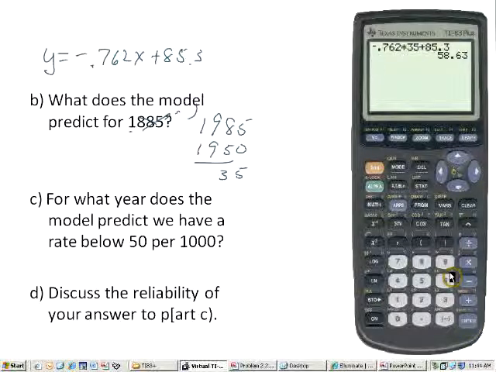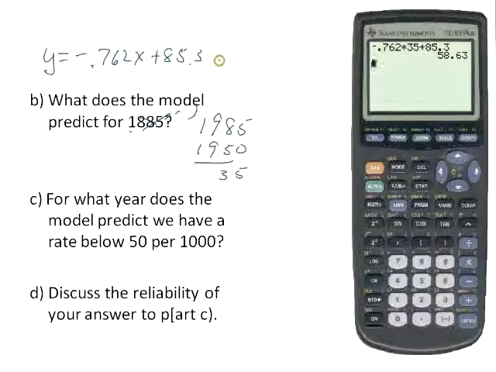If we hit enter, we have an answer of about 58.63. So our answer here is approximately 58.63, or about 58.6 if we keep 3 significant digits.